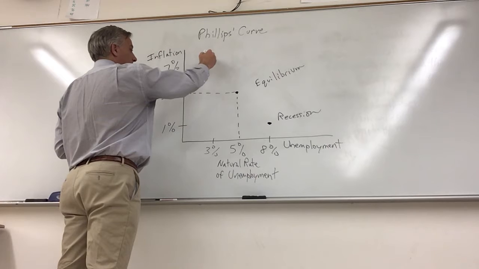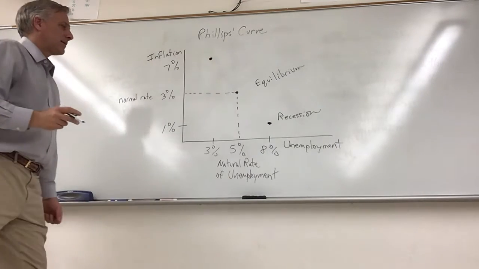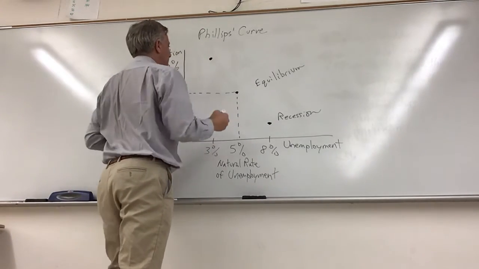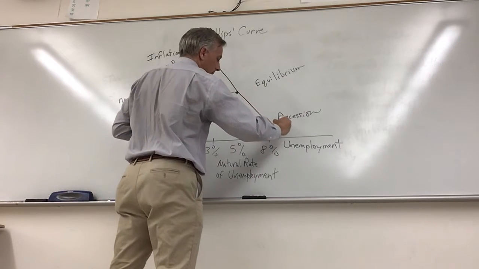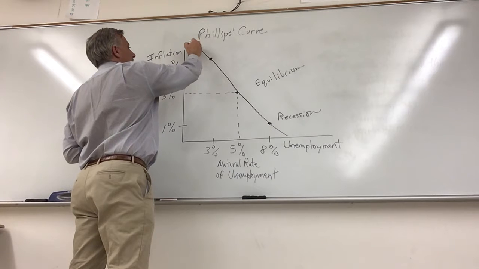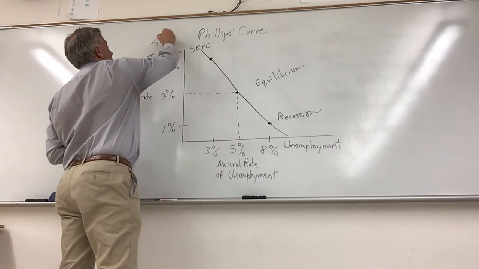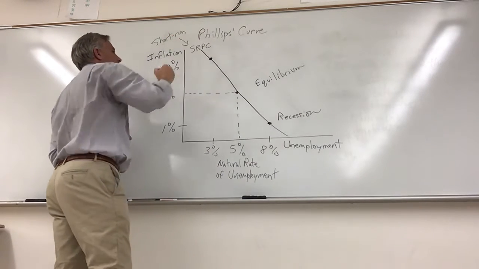And that would put us right up here. All right, and this is the inverse relationship. We could put a bunch of little points in here. Essentially, this is what we call the short run Phillips curve. All right, and I'm gonna put SRPC. Just a reminder that SR is for short run.